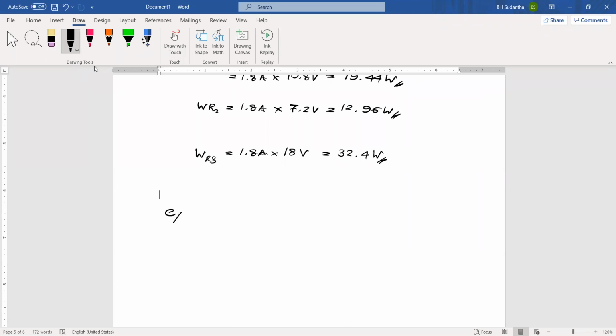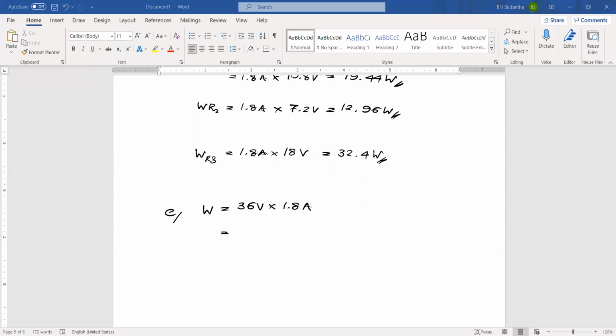The voltage source is 36 volts and current is 1.8 ampere. And this is 64.8 watt.